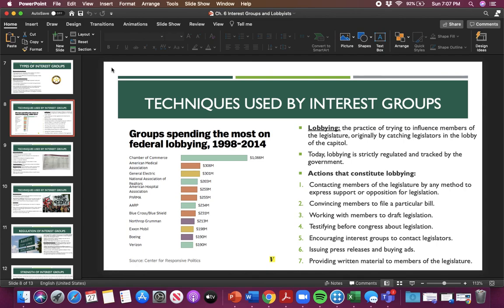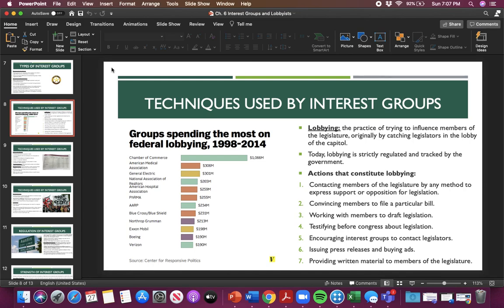But the big Chamber of Commerce organization, what they do is, they take the resources of all these small businesses and pool them together to have influence to lobby for issues that are important to small businesses. If you're a corporation like Apple or Amazon, you don't need this because Amazon's worth billions of dollars, so they have enough money to lobby for themselves.